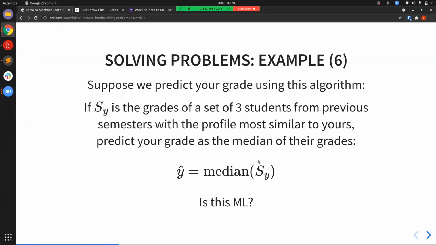Now, in this one, my algorithm for predicting the grade is as follows. We're going to find the set of grades of 3 students from previous semesters who have a profile most similar to yours, meaning the most similar probability, linear algebra, and programming coursework grades. And then we're going to predict your grade as a median of their grades.